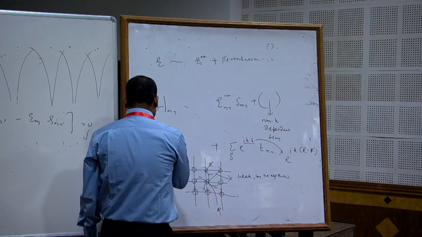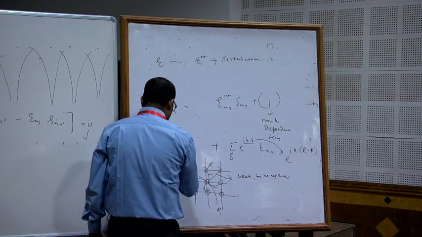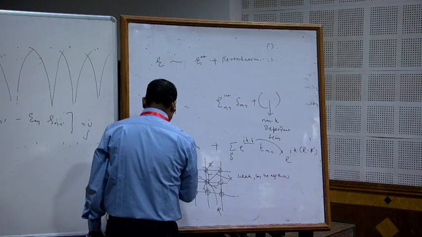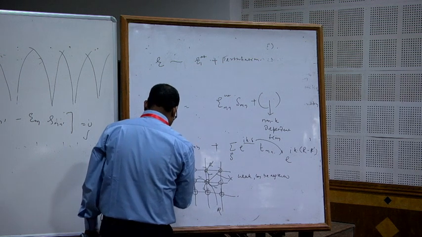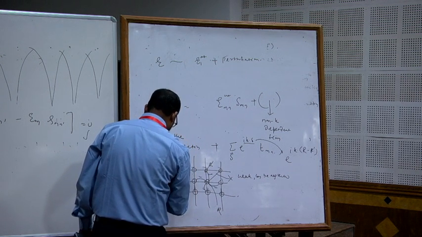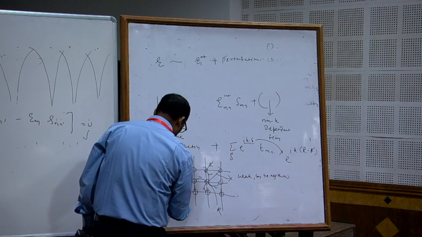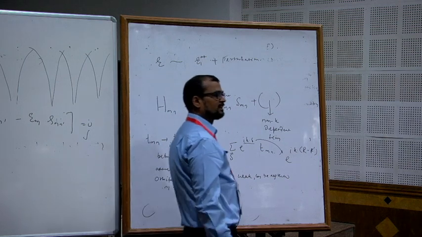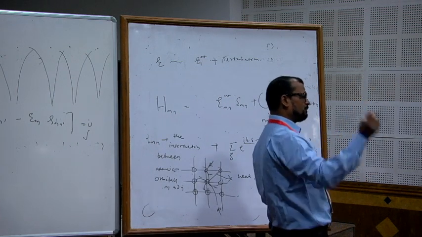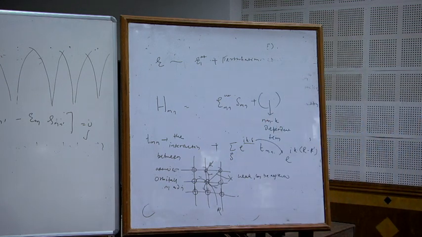Now what is T_MN? T_MN is basically the interaction between atomic orbitals M and N. It can be ss, it can be sp, it can be pp, that could be p_x or p_y, or p_z, and so on.